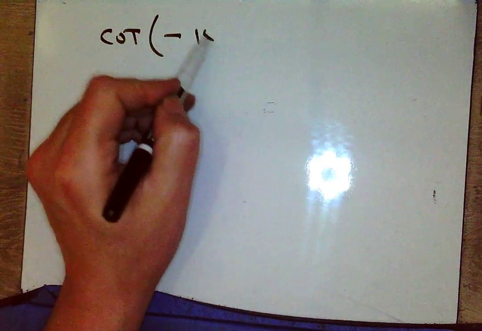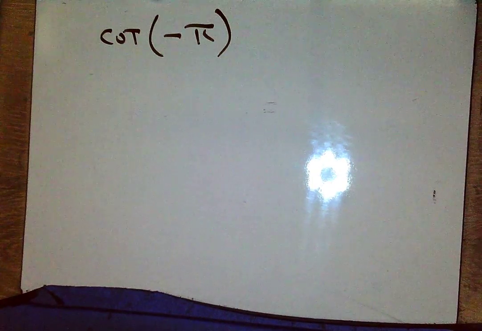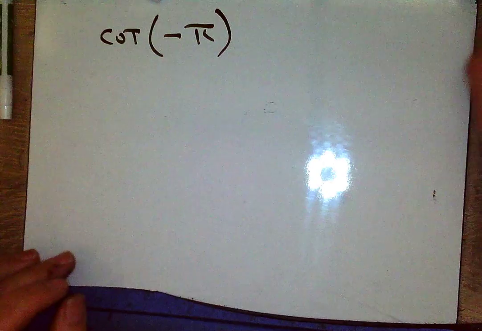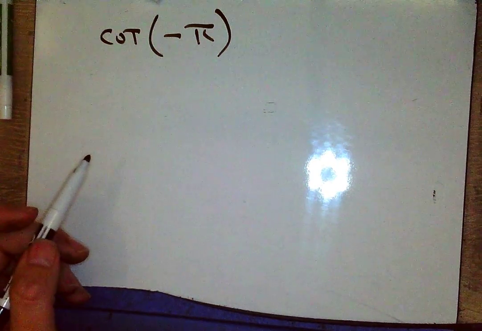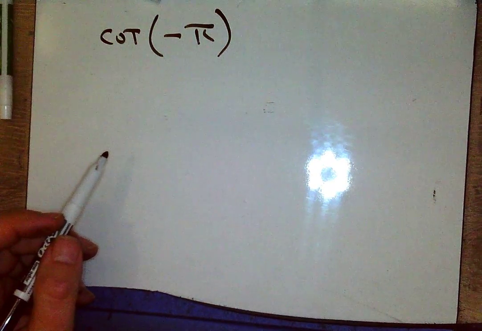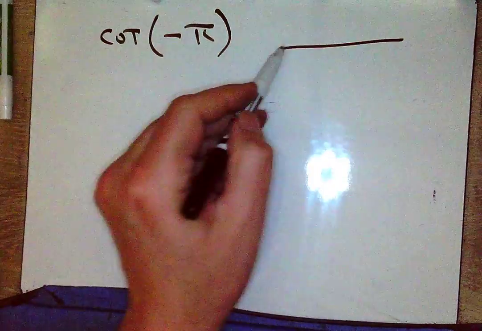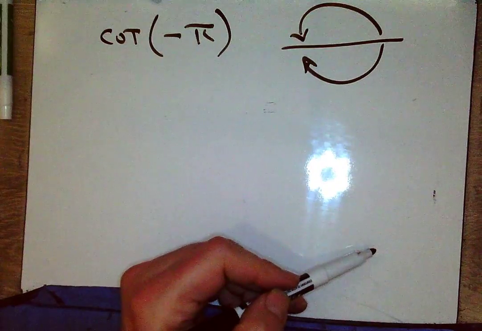And cotangent of negative pi. Please tell me what the cotangent of negative pi is. Okay, so negative pi is here. Positive pi is here.